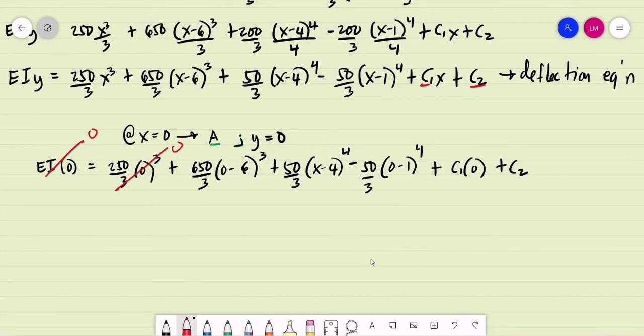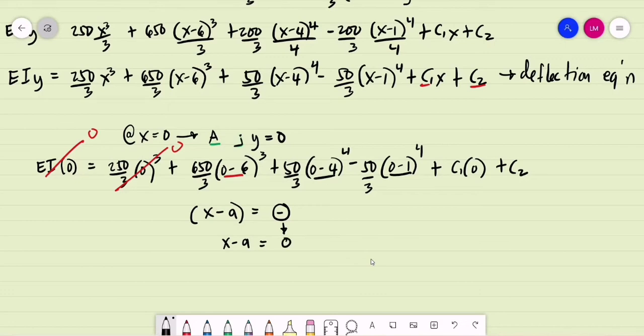What about if we are to encounter this one? We have the 0 minus 6. Also this one, it should be the 0 minus 4 and 0 minus 1. Take note that if you are using the double integration method, for example, we arrive at a value, let's say x minus a, and the result is a negative value. If it is a negative, let's have x minus a simply equal to 0. Why?